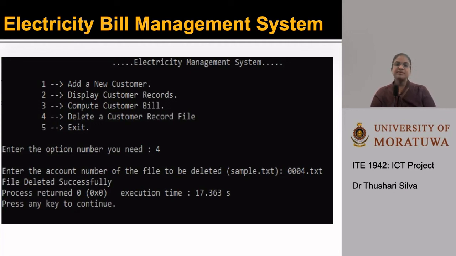So there is a simple set of operations included in this electricity management system, but further improvements can easily be done. This is easily extendable. So adding a new function is just creating a new set of code and including it here with the front end. So it's very easy to expand further. So improve your systems in that way.